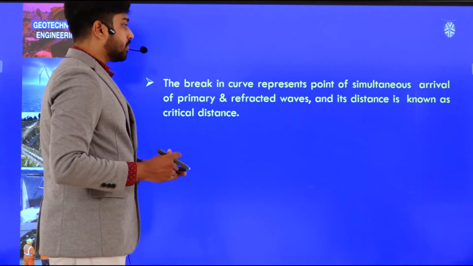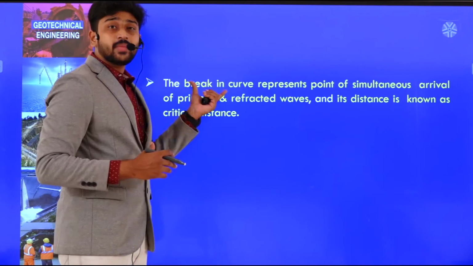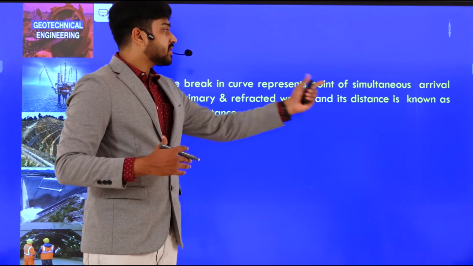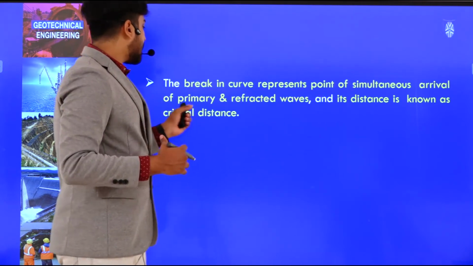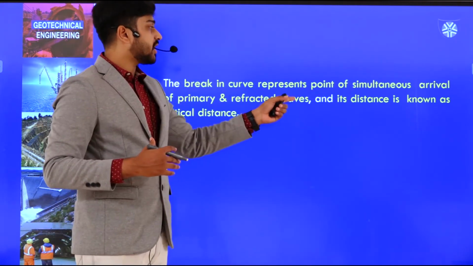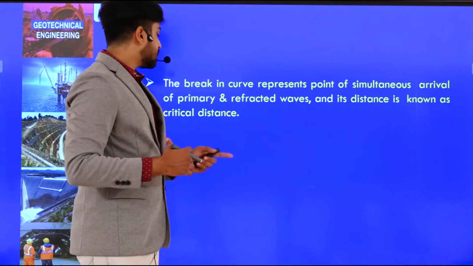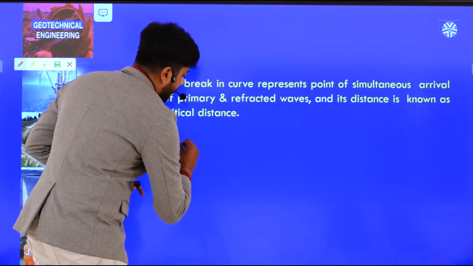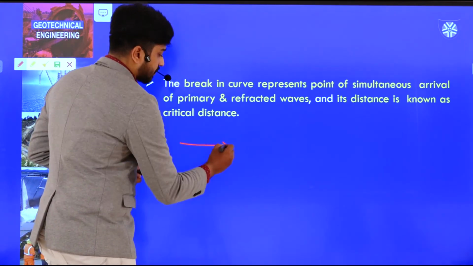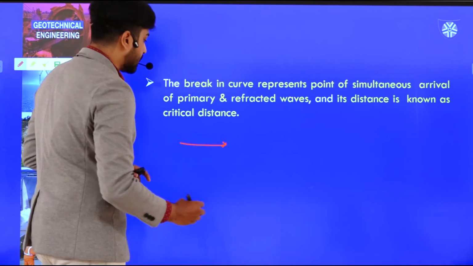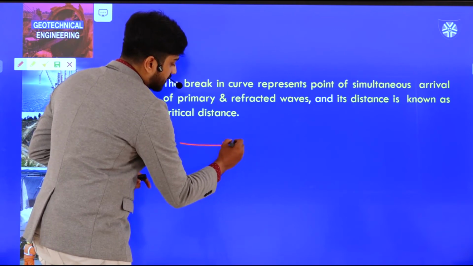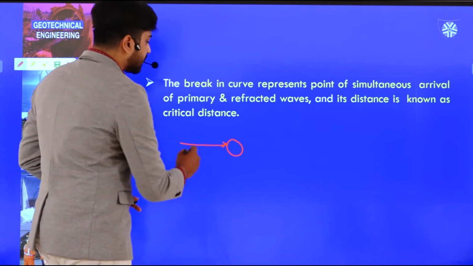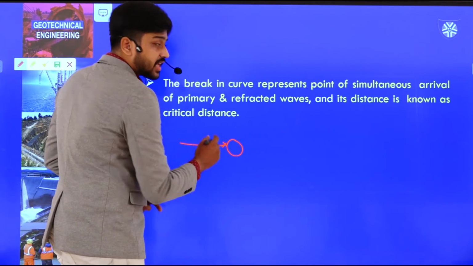Coming to the main important thing here, there may be a break observed in the curve. The break in the curve represents the point of simultaneous arrival of preliminary and refracted waves, and that distance is known as the critical distance. Imagine there is a wave passing in this manner, and imagine there is a void here. Imagine this entire thing is soil and a wave passes here, so obviously there will be refraction.